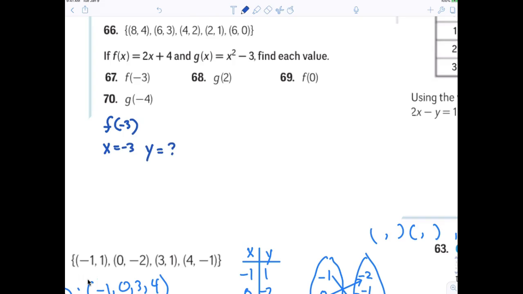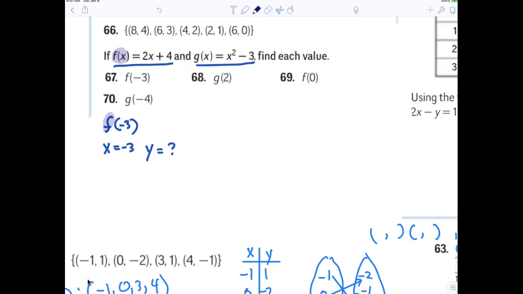I want everybody to write that down. So what do I have to do with that negative 3? Plug it into the right function. Am I plugging it into the g function or the f function? What is this letter right here, guys? So I'm going to plug it into the f function.